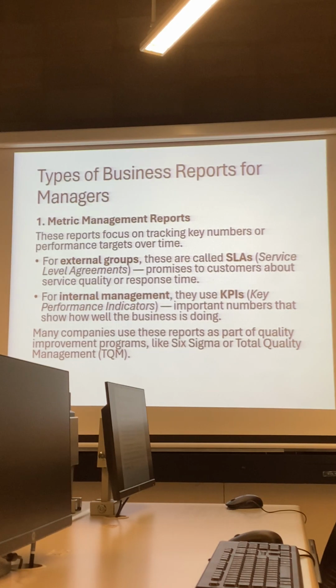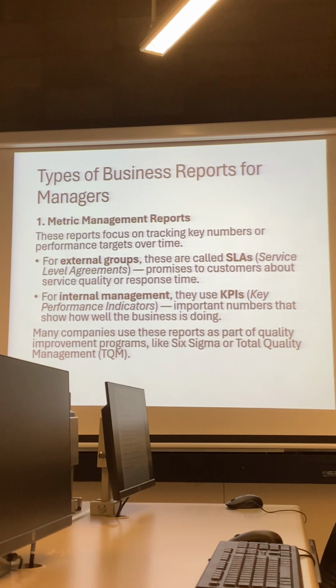And then for internal, of course, they use other goals. Usually internally, they use KPI. KPI is key performance indicator. I think in the future, when you work, you will hear this word a lot. So KPI is key performance indicator: important numbers that show how well the business is doing. For example, your KPI now is you need to achieve a score of 80 for the midterm and final exam.